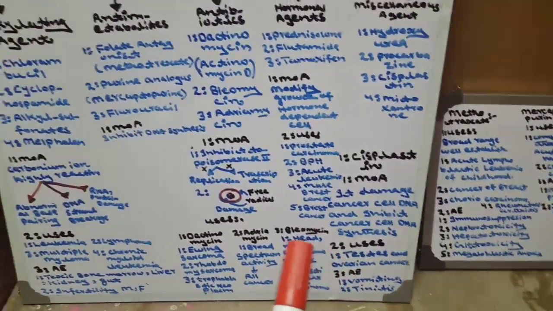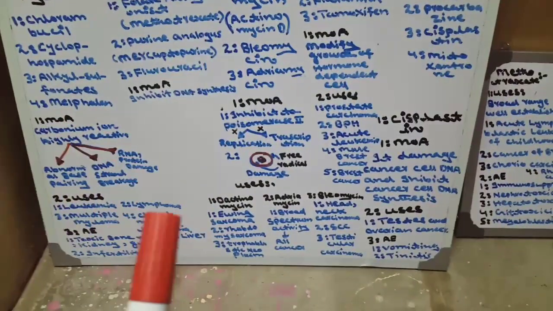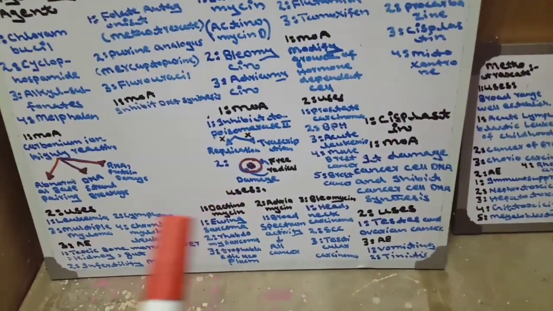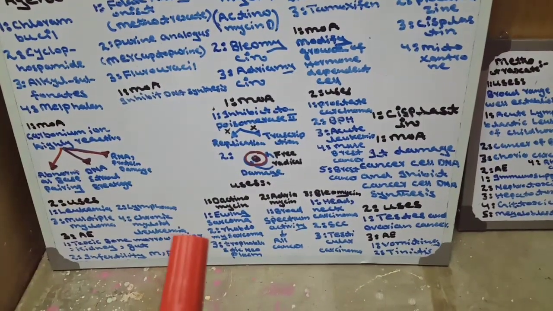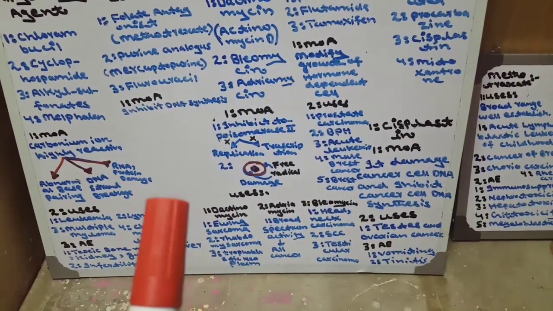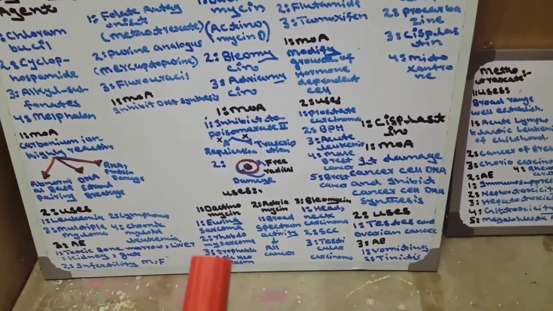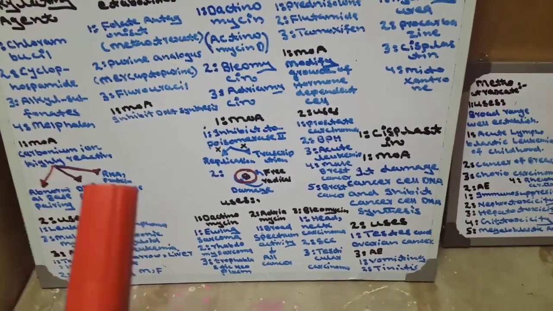Which anti-cancer drug is used in Ewing sarcoma? Dactinomycin. Which anti-cancer drug is used in rhabdomyosarcoma, Ewing sarcoma, trophoblastic neoplasm? This is dactinomycin.